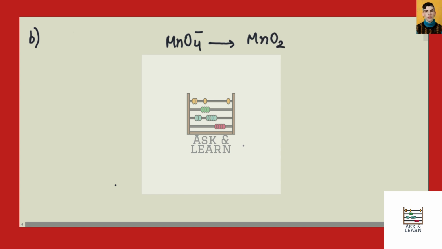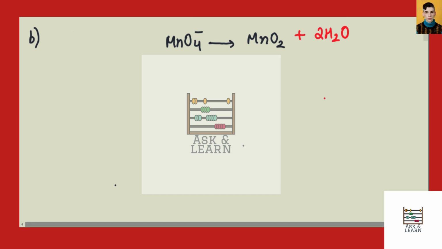Now first we balance the oxygen atoms, since manganese atoms are already balanced. So to balance the oxygen atoms we will add 2 water molecules on the right hand side. So now if you see 2 plus 2 here, that is 4, and 4 oxygen atoms on the left hand side, so oxygen is balanced.